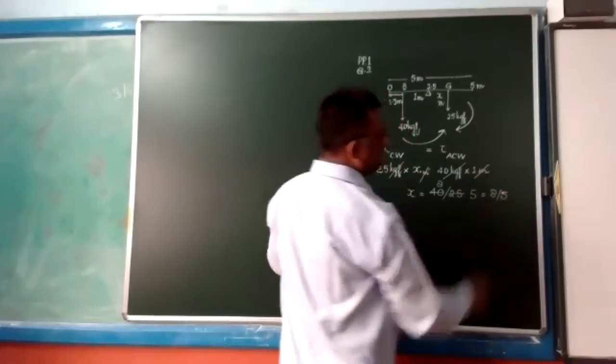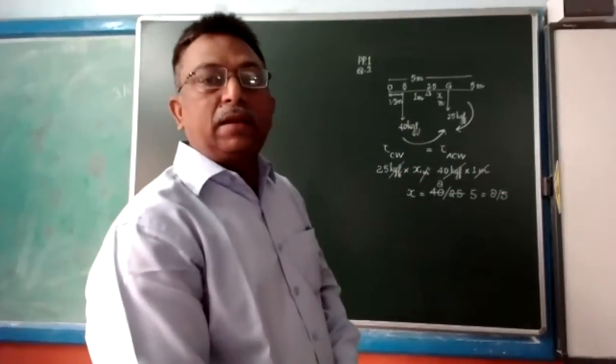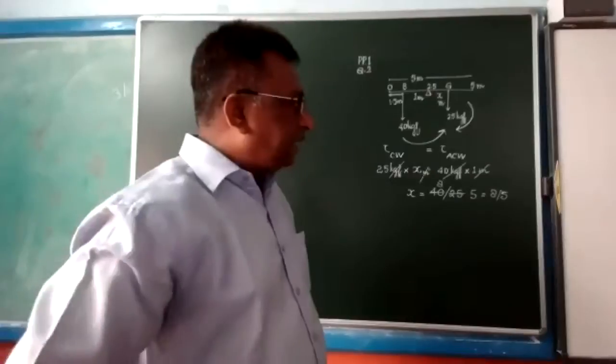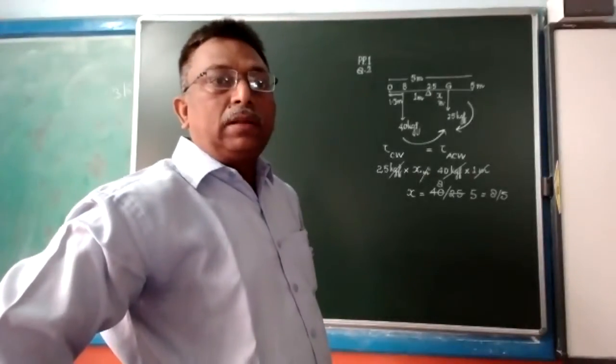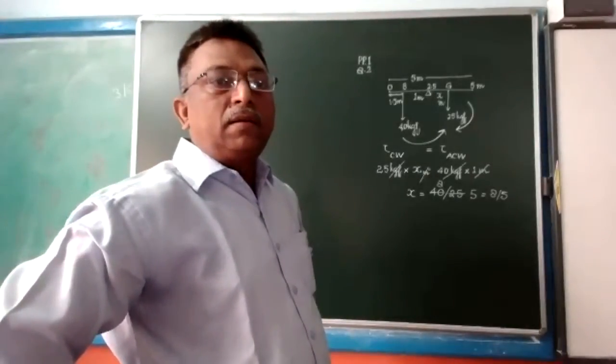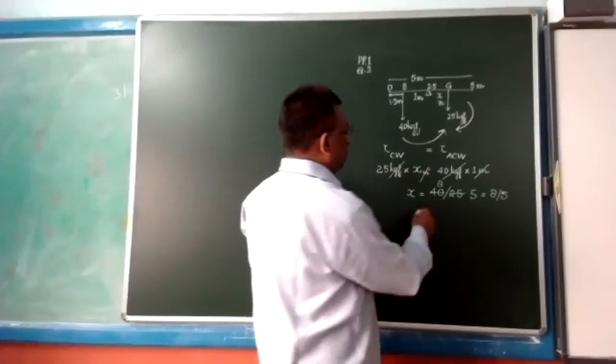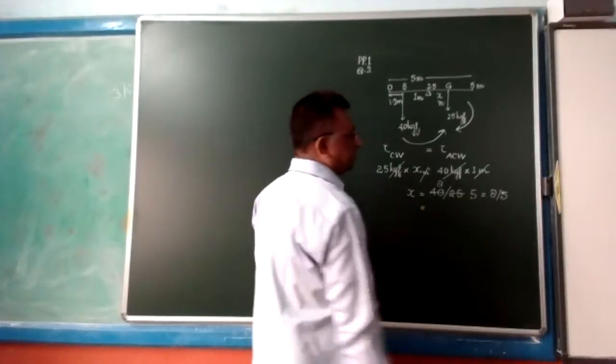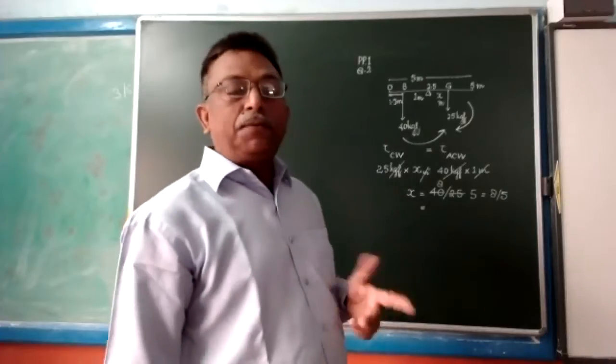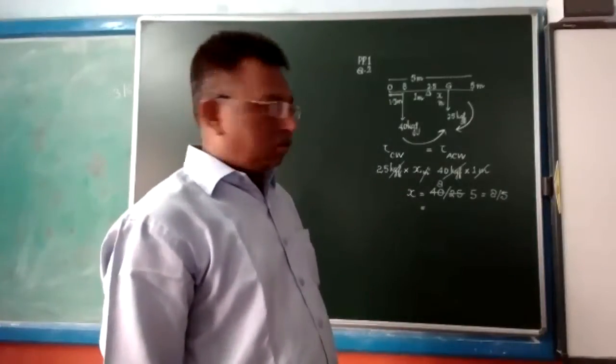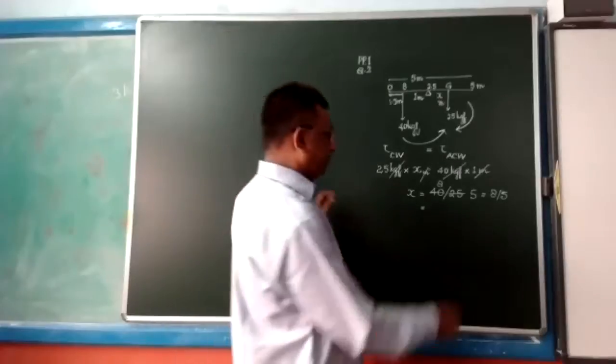Okay, the answer cannot be left in fraction. If the answer is expressed in fractional form, then there is a marks reduction. So always express the answer in integral form or in decimal form.